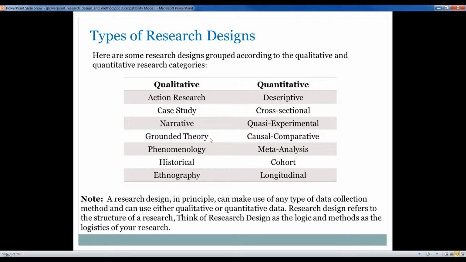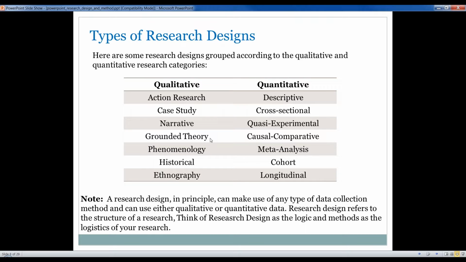Grounded theory is a really, really interesting one. What you're doing is you're setting up your study. You're taking a lot of commentary, information, collecting a lot of evidence, and then you're trying to come up with a theory. And that's a very, very involved study. I can never say that word.